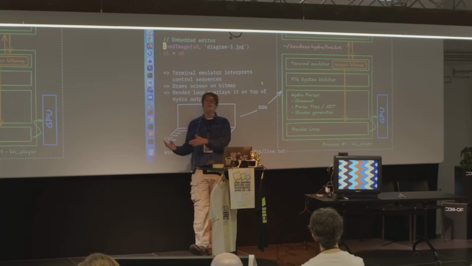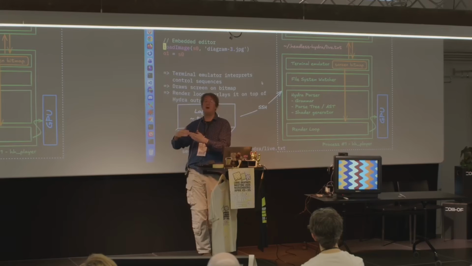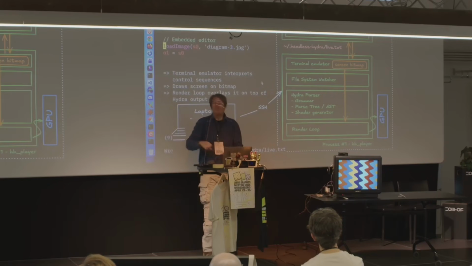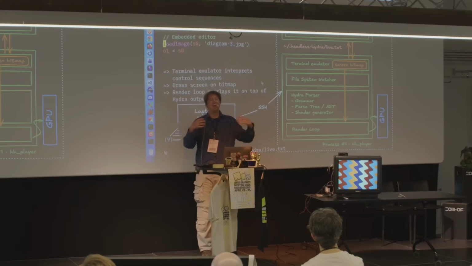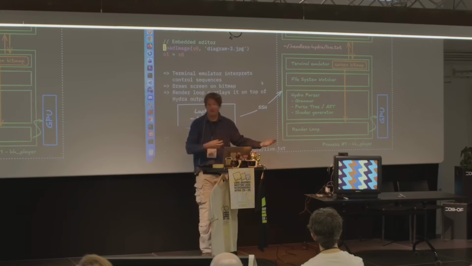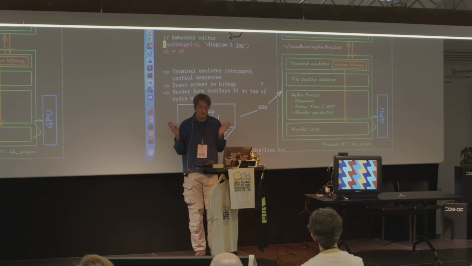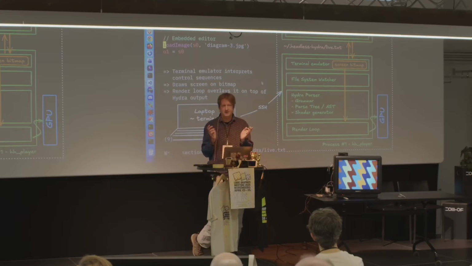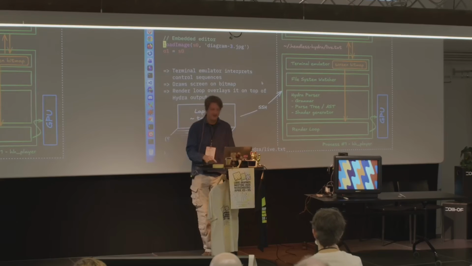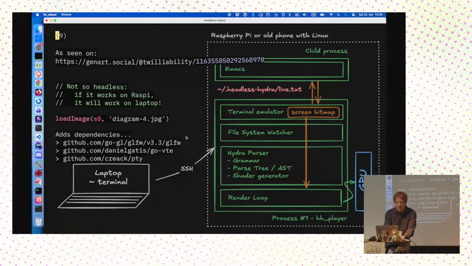So I'm doing all the drawing myself onto a bitmap. I put this bitmap on a texture, and the render loop can overlay this texture onto the output of whatever the shaders are doing. But of course, and here's the thing, if I have a texture, I should be able to use that as a source in the Hydra patch itself, right?